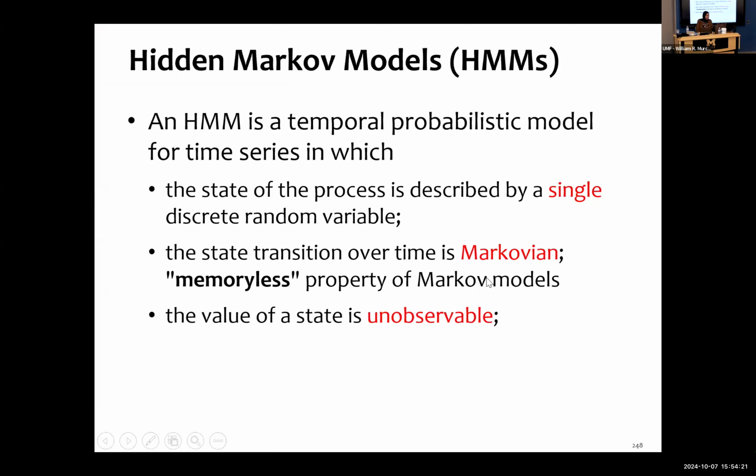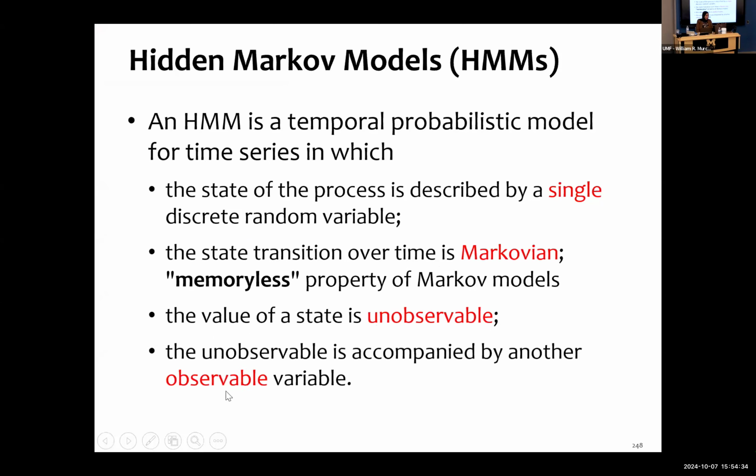And then the value of the state is unobservable. Unobservable means we cannot see it. And we will see later how we use the hidden variables and so on. And the unobservable is accompanied by another observable variable. So I'm going to give you a model.